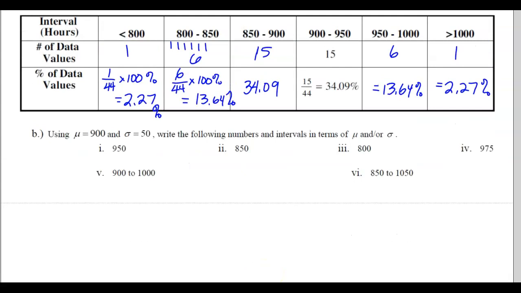Okay, so 950 is the same as the mean plus the standard deviation. 900 plus 50 is 950. 850 is the same as the mean minus standard deviation. So then 800 is the same as the mean minus 2 standard deviations.